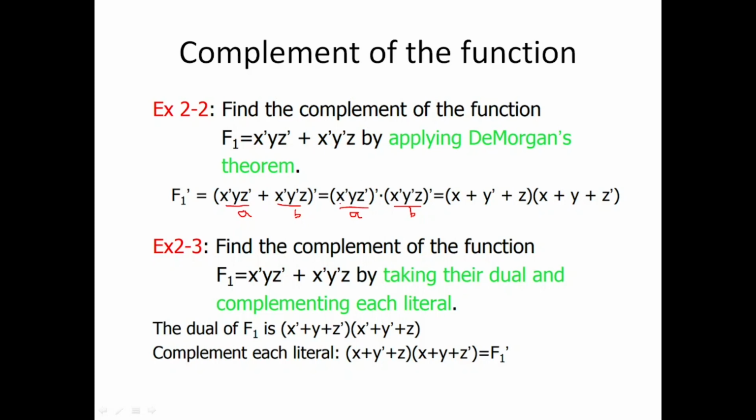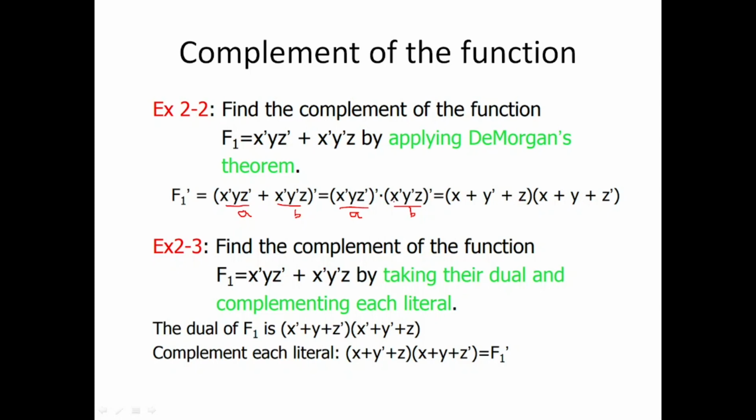Then again we have to apply De Morgan's law for this. So this can be considered as A, this as B, and this as C. What is (A dot B dot C)'? It is A' plus B' plus C'. So apply here: (x')' is x, the dot is written as plus, and (y)' is y'. Then (z')' is z.